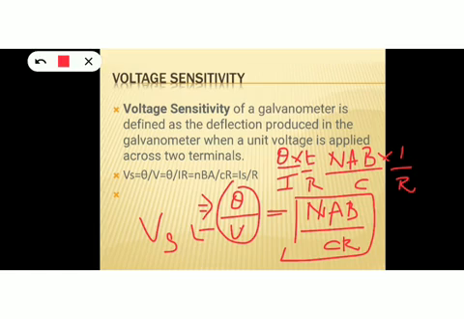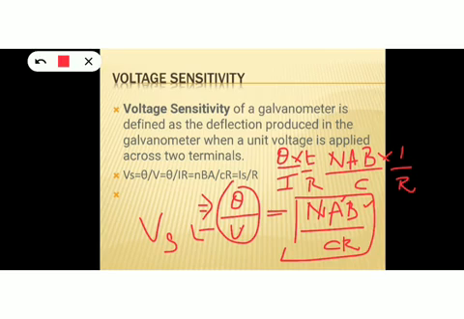Next, how will you increase the voltage sensitivity of a galvanometer? By looking at the expression, we can easily determine the factors. By increasing the factors in the numerator, we can increase the voltage sensitivity. That is, by increasing the area of the coil and the magnetic field, we can increase the voltage sensitivity.